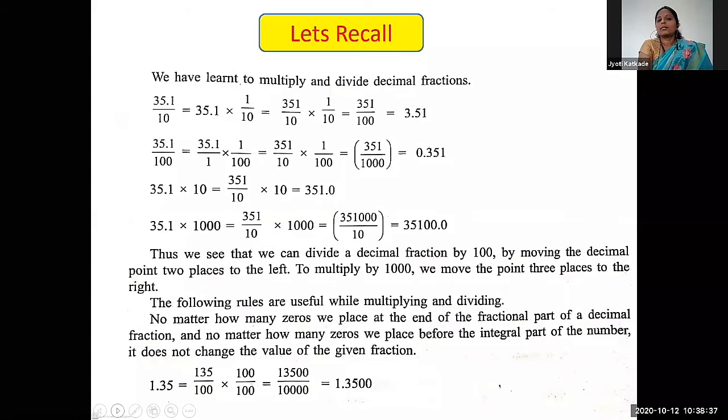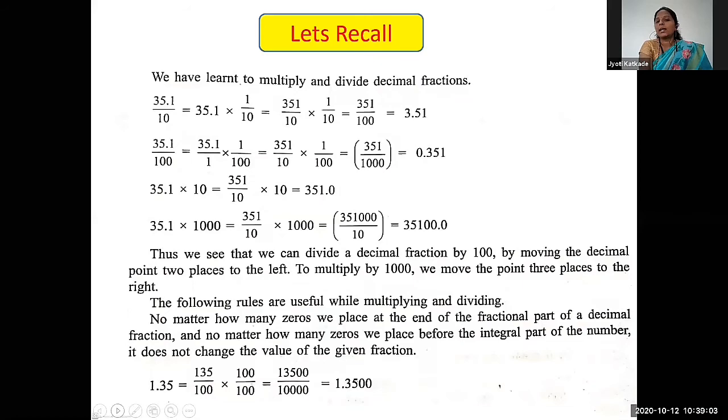Then in the next step, 35.1 divided by 100 is equal to, separate it as in the first step, that is 35.1 upon 1 into 1 upon 100. Now when we remove the decimal point, we take 10 as the denominator.